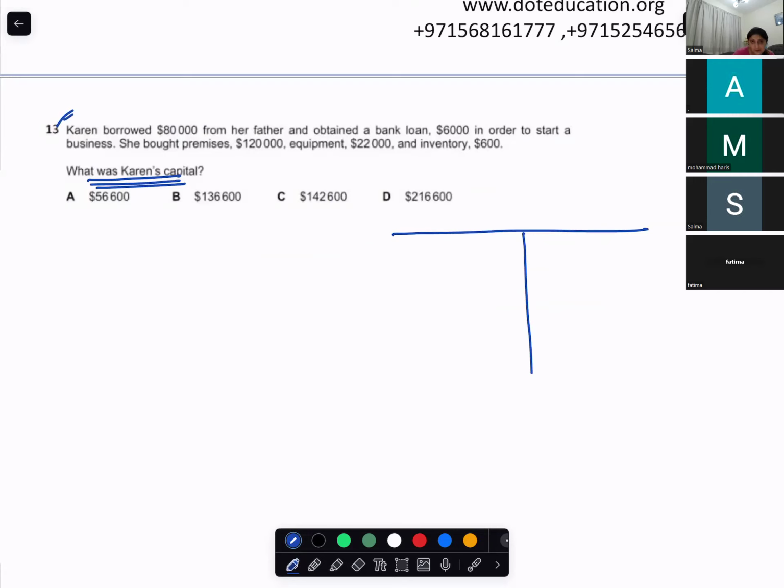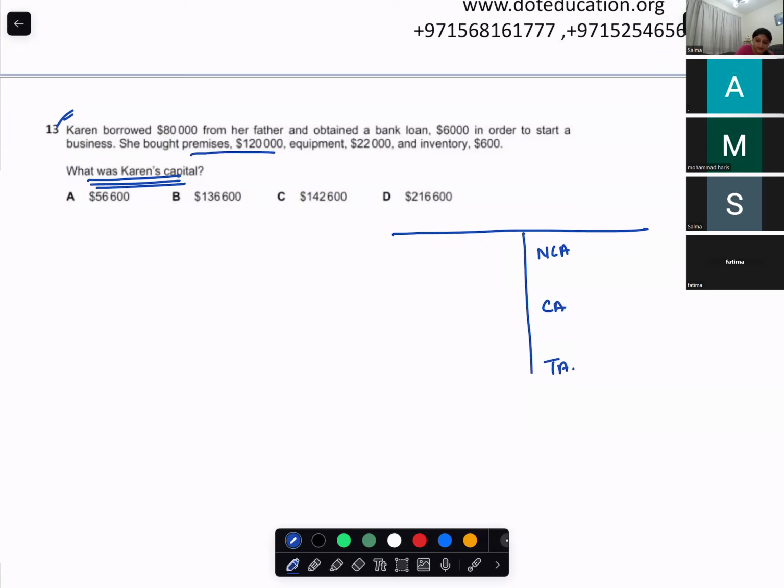In order to start a business, she bought premises of $120,000, equipment $22,000, and inventory $600. So first we'll write all the assets on the debit side and all the liabilities on the credit side.